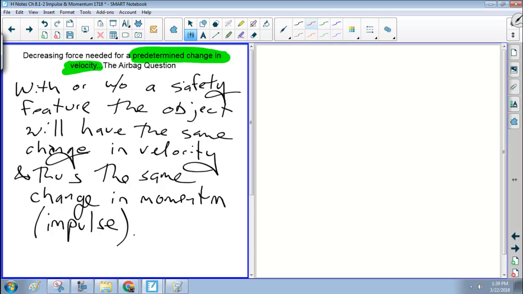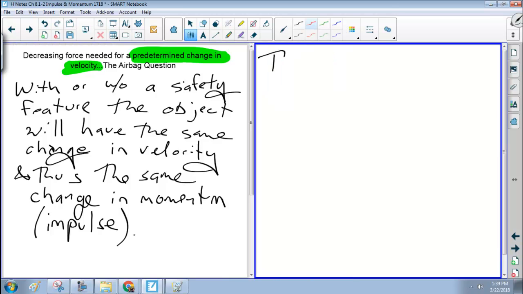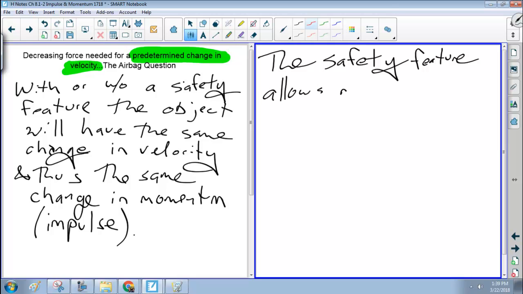All right, so what's the whole point of the safety feature? What was the whole point of the pillow? How does it decrease the force? It has give, and so it allows more time for that change to occur, right? The safety feature allows more time for this change to occur.